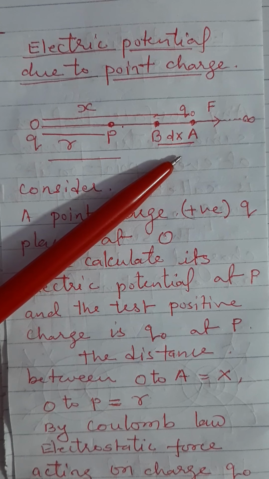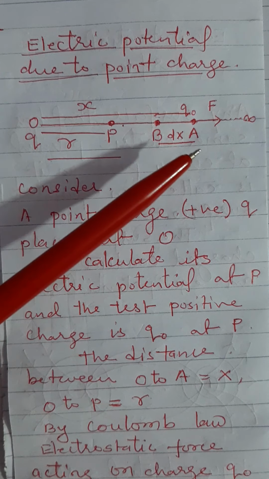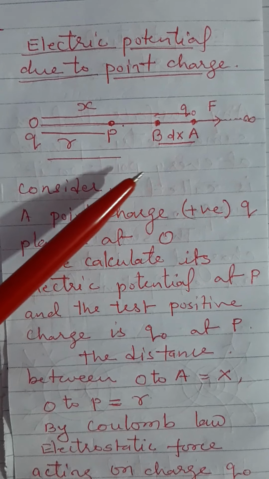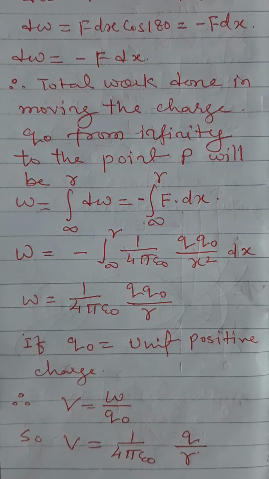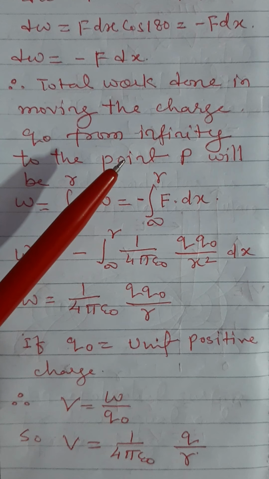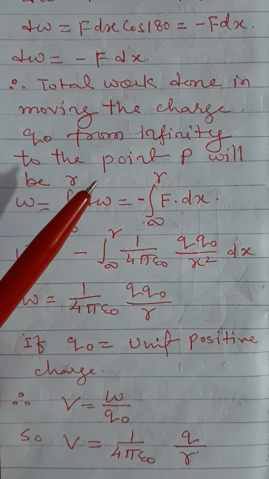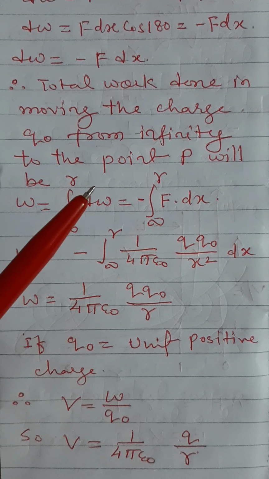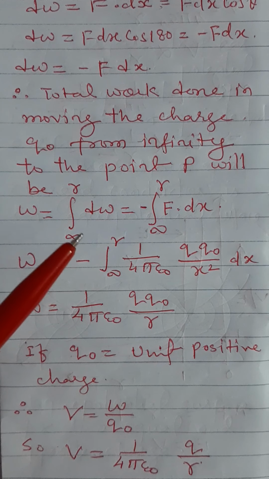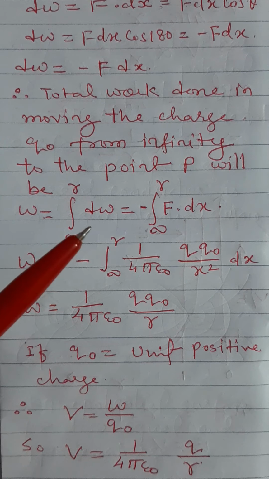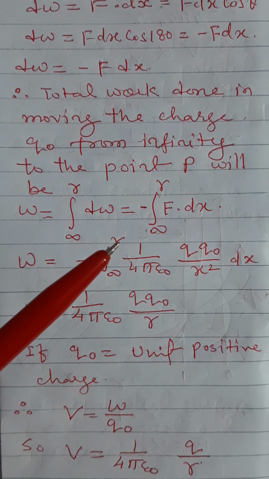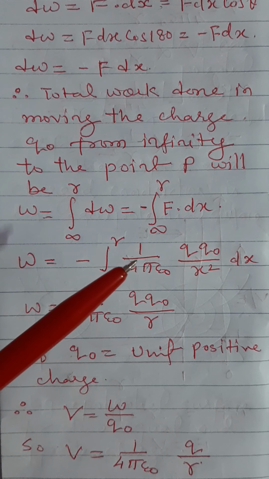Now we calculate the total work done from infinity to point P. Therefore, the total work done in moving the charge Q naught from infinity to the point P will be given by W equals integration from infinity to r of dW, which equals minus integration from infinity to r of F dx.